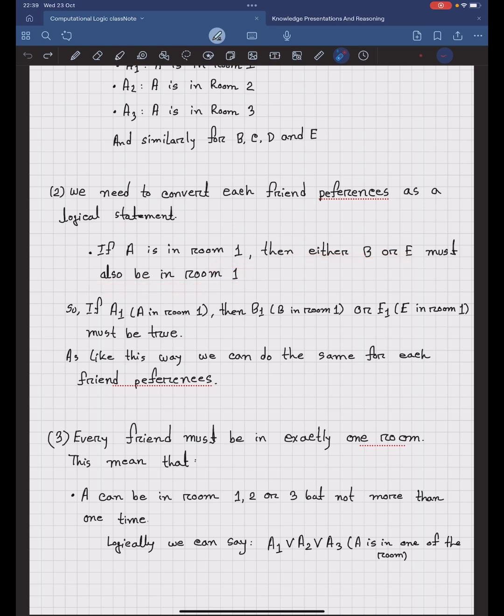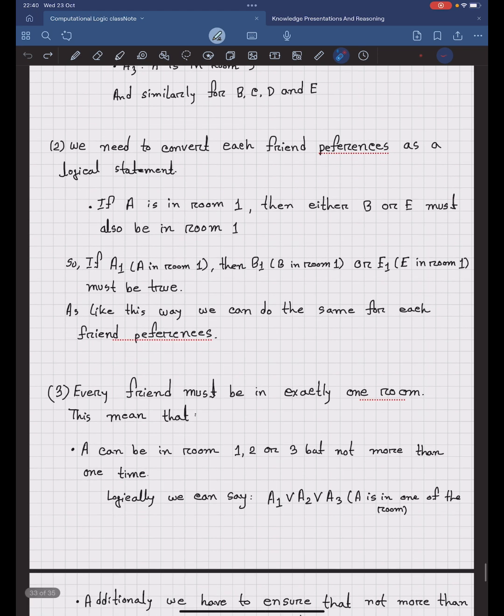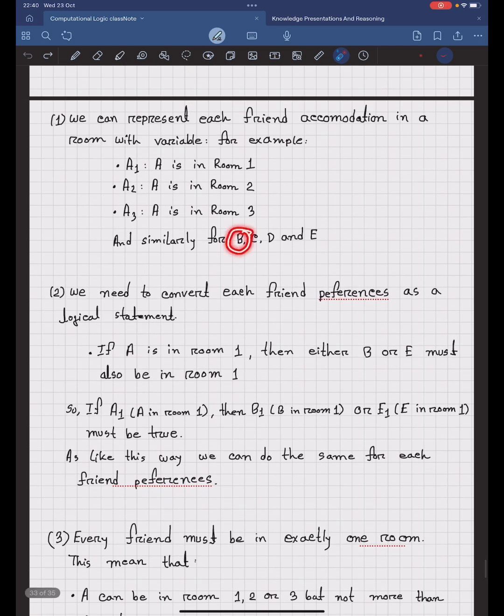That means that if your friend A is in room 1, A chooses two persons, and either B or E can stay with A. Maybe B can stay with your friend A, or maybe E can stay with A. The same thing goes for your other friends, B, C, D, and E.